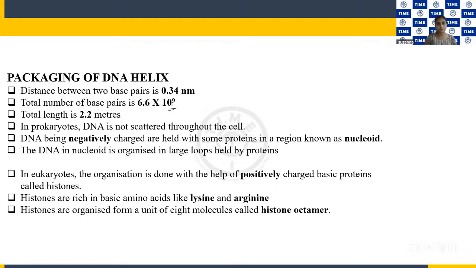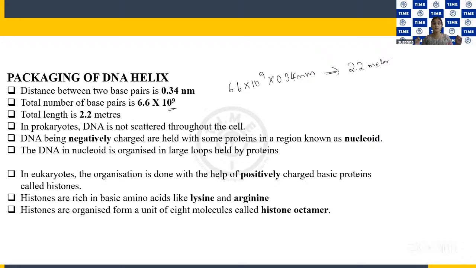If you multiply 6.6 into 10 raised to 9 into 0.34 nanometer, and convert nanometers into meters, you get 2.2 meters. So 2.2 meters means it's very long, right? The whole DNA is almost 2.2 meters, which is very long.